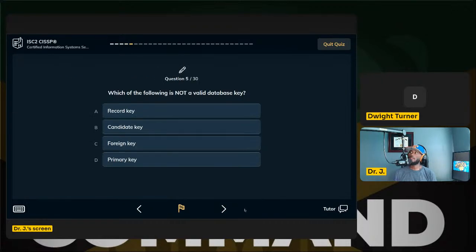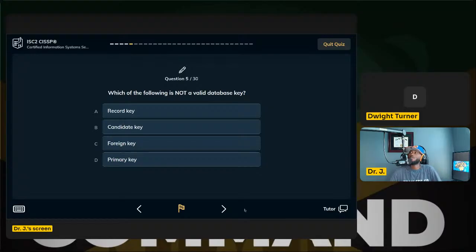All right, which of the following is not a valid database key? All right, so you have foreign key, primary key for sure, candidate key and record key.